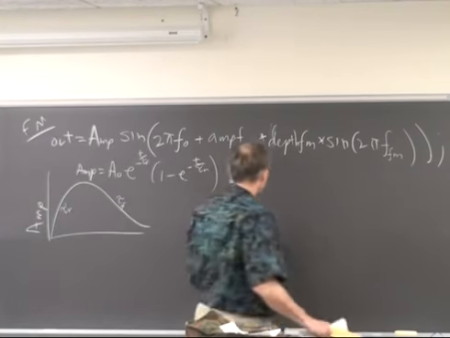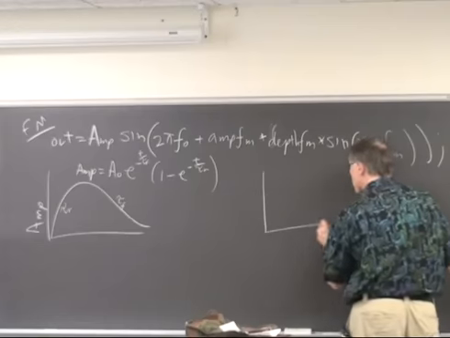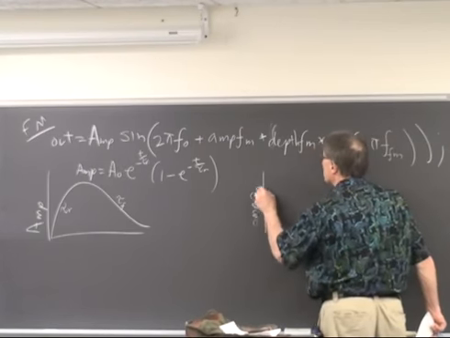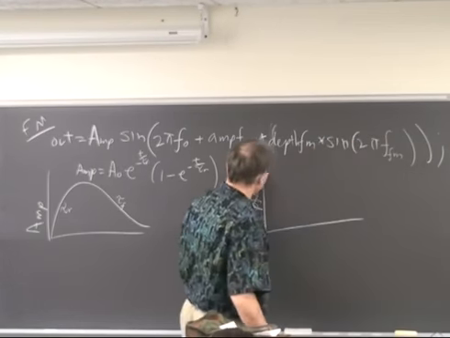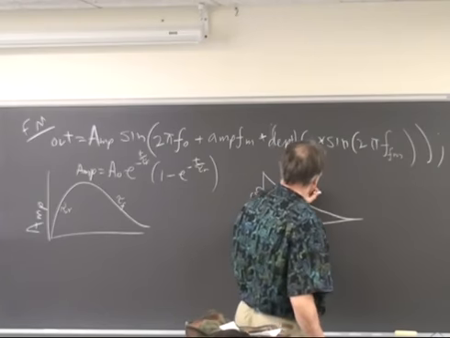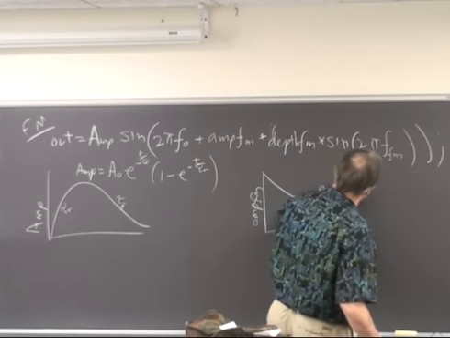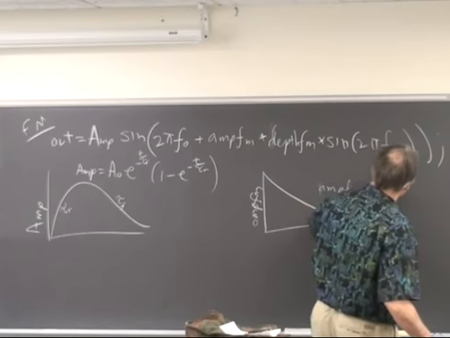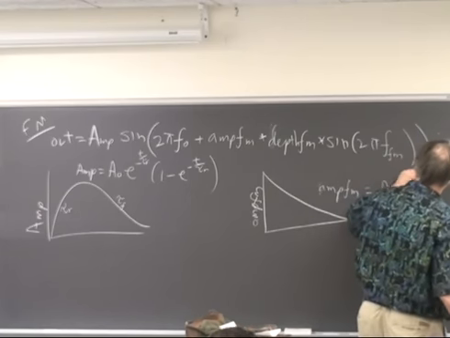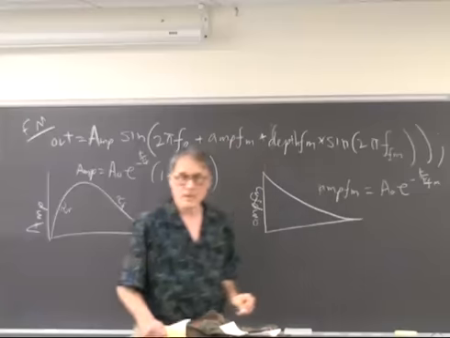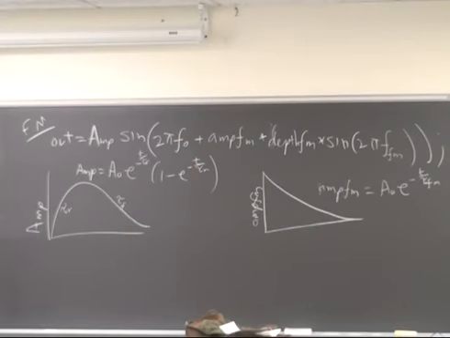And amp FM is going to be given by a simple exponential, some A0 e to the minus t over tau FM. I think I wrote that all down last time.